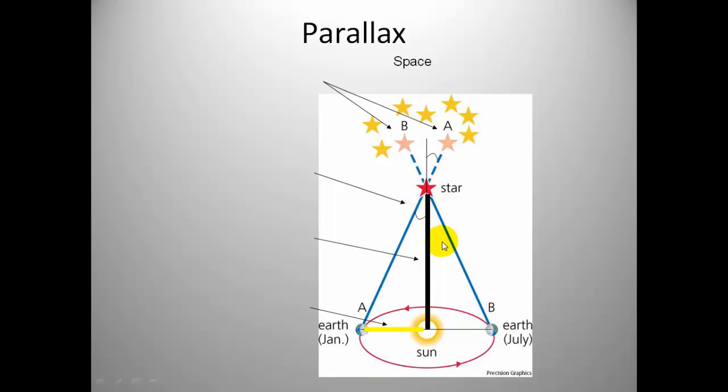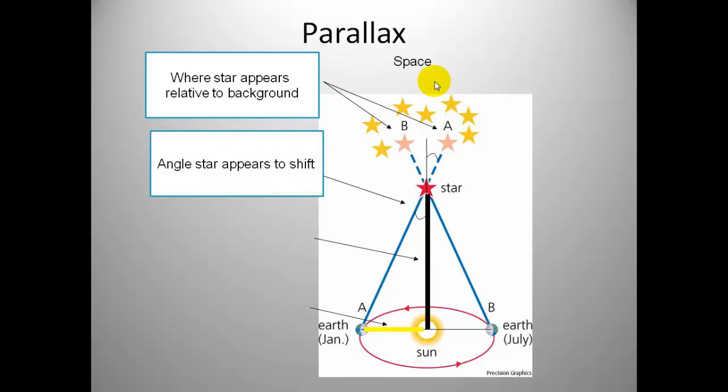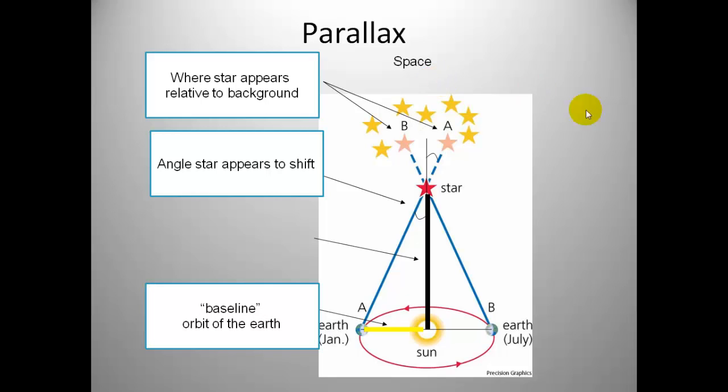So the angle that we measure is actually going to be twice the parallax angle. What happens is the star that we're observing, because it's quite close, will move relative to the background. So the angle that the star is at appears to shift. The star will change position. We take the baseline, which is the diameter of the orbit of the Earth.